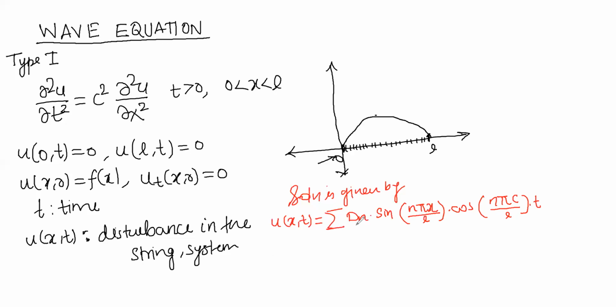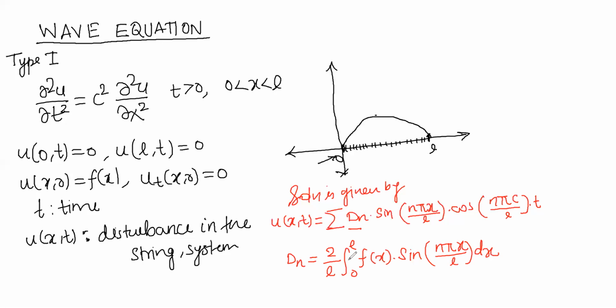Now let me write down what this d_n is. d_n is the same thing that earlier we used to find using the Fourier sine series or Fourier cosine series. So here it will be 2 upon L times the integral from 0 to L of f of x into sine n pi x upon L dx.